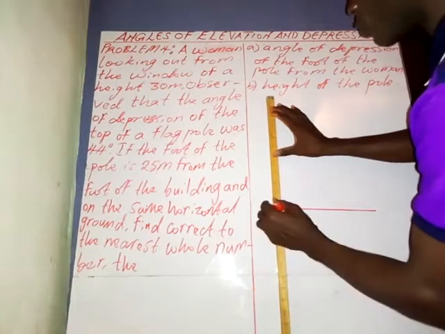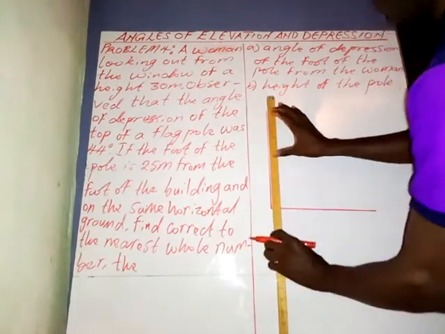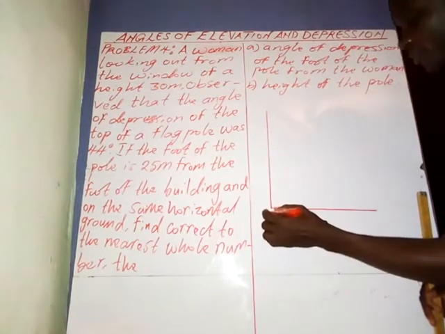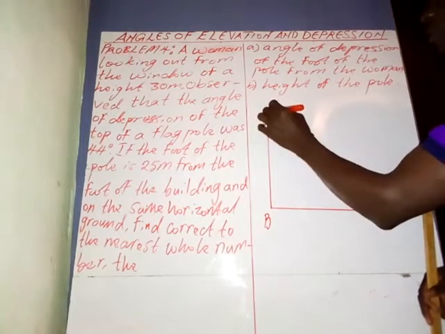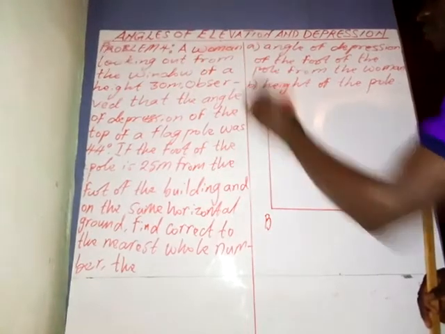So here we have the building. This is the foot of the building, so I will call this B, and this is the top of the building, so I will call it A.